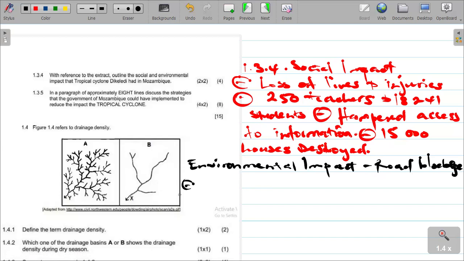We also want to talk about the damaged communication network.